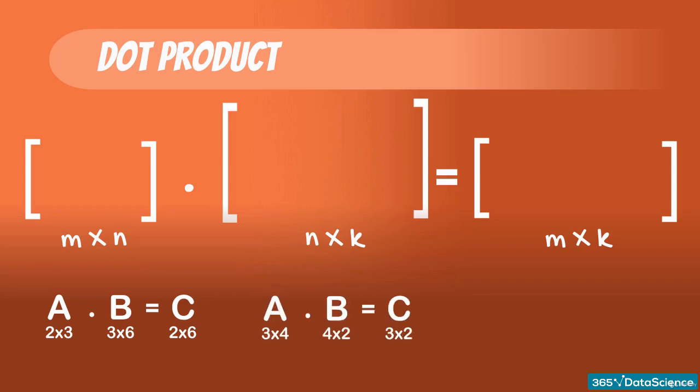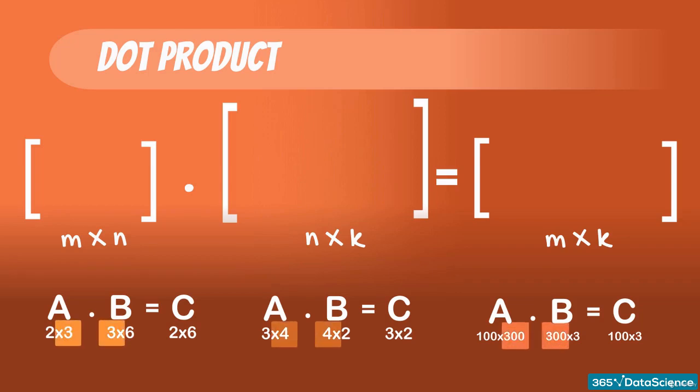A 3 by 4 matrix times a 4 by 2 matrix will give us a 3 by 2 matrix. A 100 by 300 matrix times a 300 by 3 matrix will result in a 100 by 3 matrix. Basically, whichever dimension is repeating will disappear in the resulting matrix.